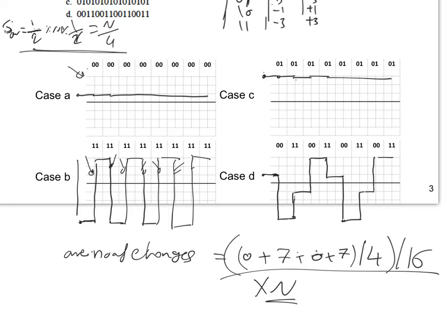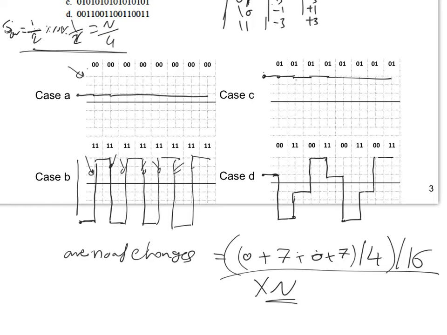For any arbitrary n, where n is the number of bits, this case was for 16 bits only. So for any value of n, we divide by 16 and multiply by n. It's like we get it for each bit, and then we multiply by the number of bits.